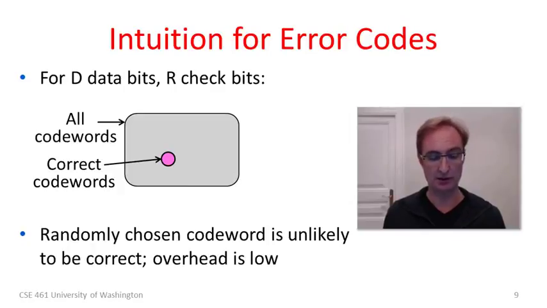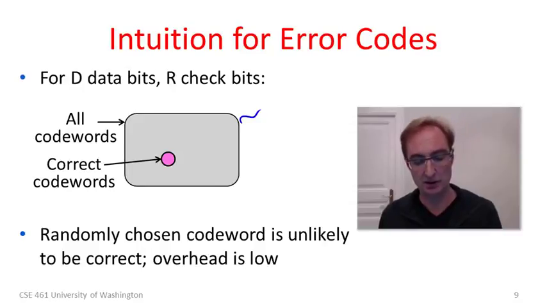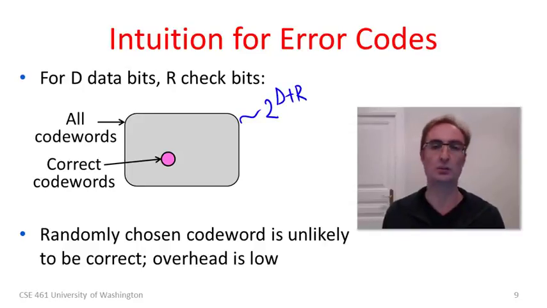Here's a little more intuition as we think about how to design some of our codes. Okay, we have D data bits and R check bits. In this picture, I'm trying to draw just the space of some of these different designs. If we look at all of the code words, how many code words are there? Well, a code word is D plus R check bits. So there are 2 to the D plus R possible incoming sequences of D plus R bits that could be received on the other side.